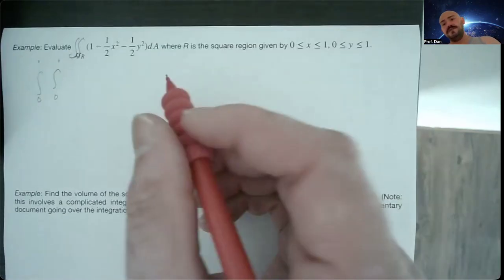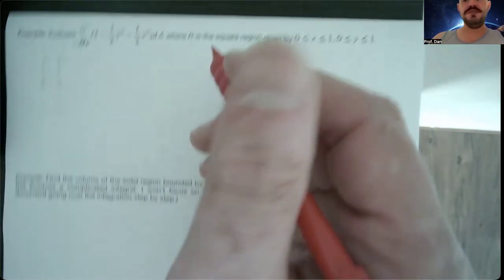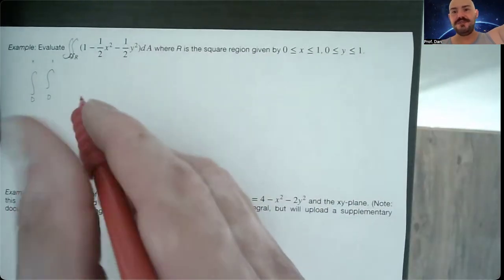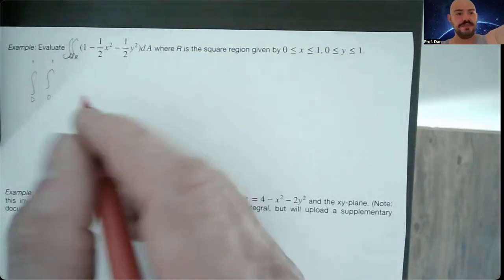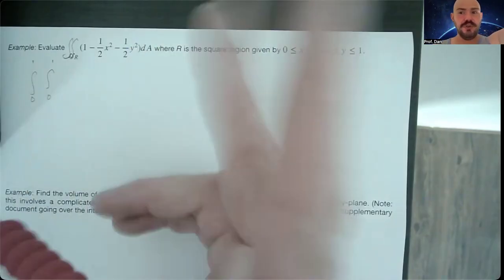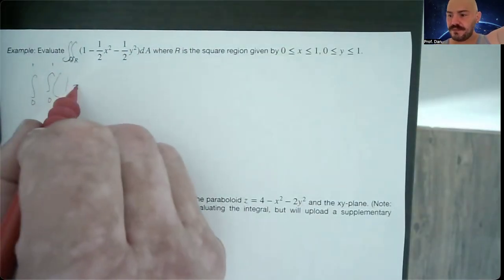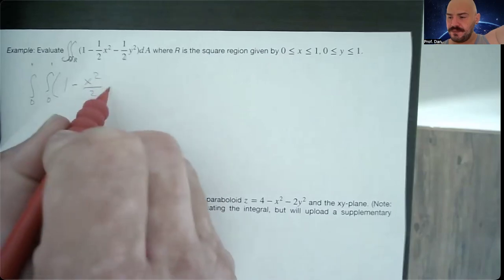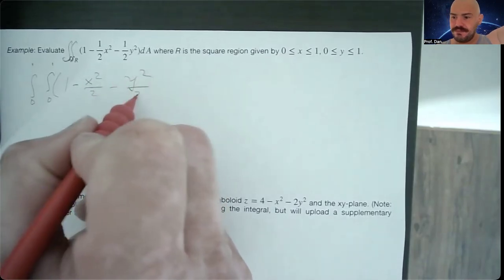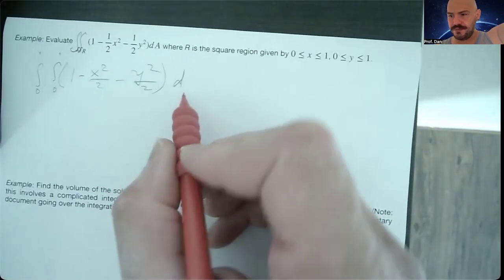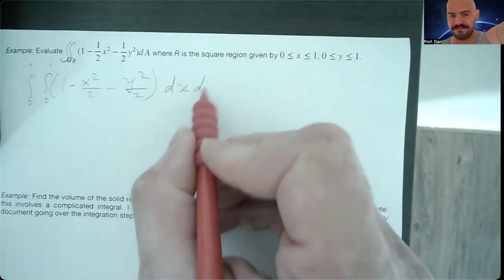In fact, if you would like more practice with these integrals, I invite you to pause at the end of the example and try it with the other order. All right, but anyway, I'm going to do dx dy.